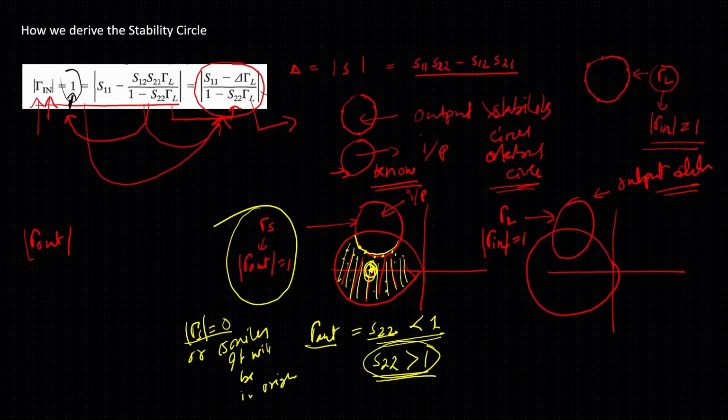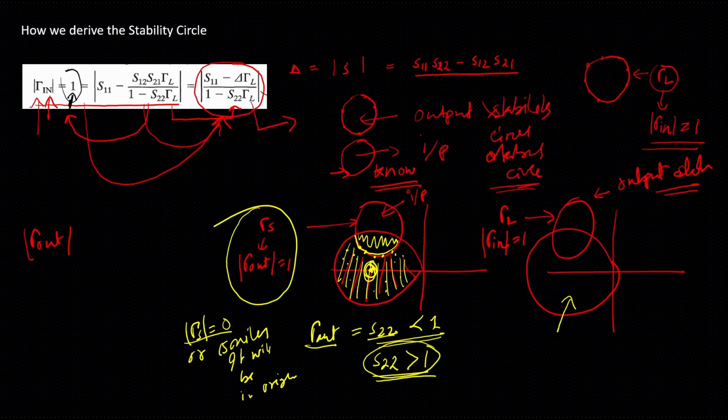That means that center will be an unstable region. So at that time this part will be the only stable region. Okay, and the same thing is true for your output circle also.